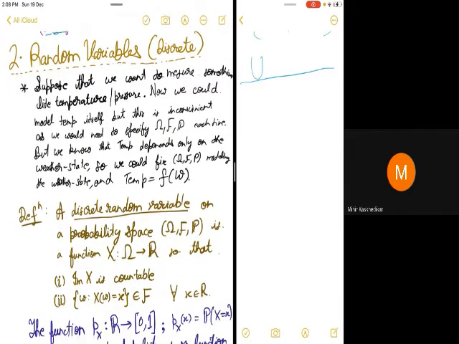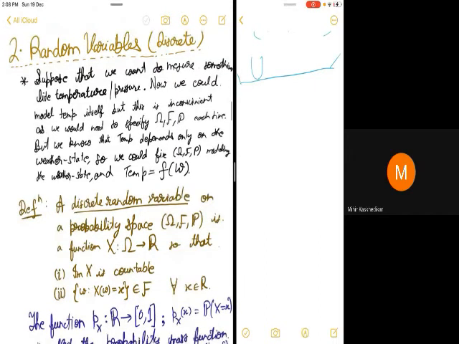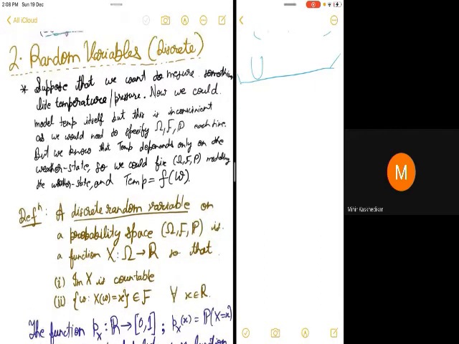So now, we have seen some basic properties of a probability space. Now suppose our outcome is omega, and we want to know some property about omega. Say that we want to measure the temperature of some place, and we want to measure the pressure of some place.